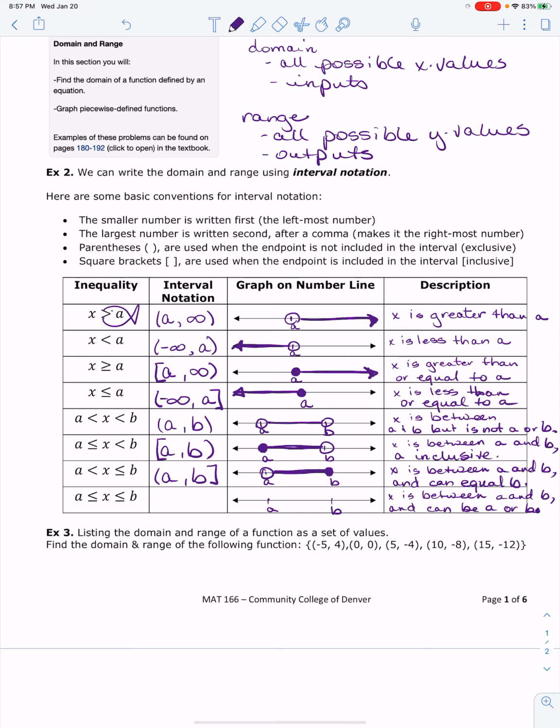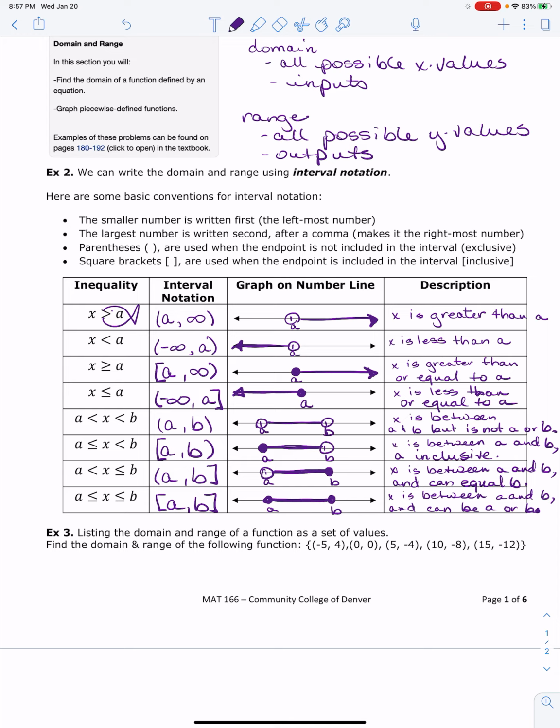So from a to b, inclusive, square bracket on a, square bracket on b, and there is our interval notation that goes with the corresponding inequalities.